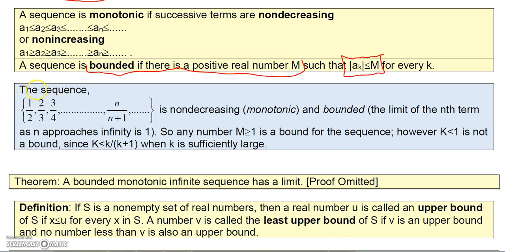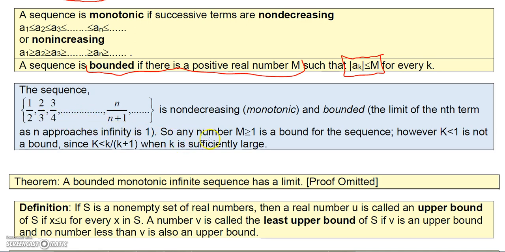Okay, now this sequence is monotonic because, 1/2 and then 2/3 is, let's see, 0.5, 2/3. Okay, so 2/3 is actually greater than 1/2, 3/4 is greater than 2/3, 4/5 is greater than 3/4, and so on. So this is a monotonic sequence.